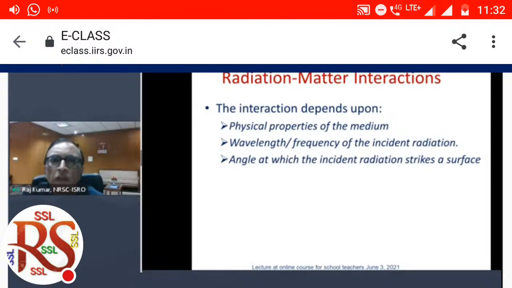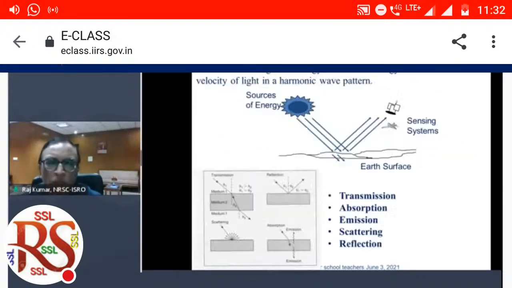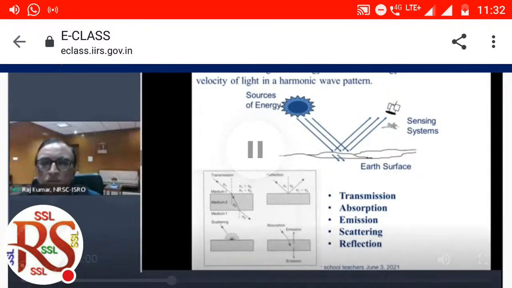Based on that, you have the interaction with the matter, as well as your incident radiation. Because of these different phenomena, you get information about different constituents, and you can classify different things on the surface of the earth, as well as the atmosphere.